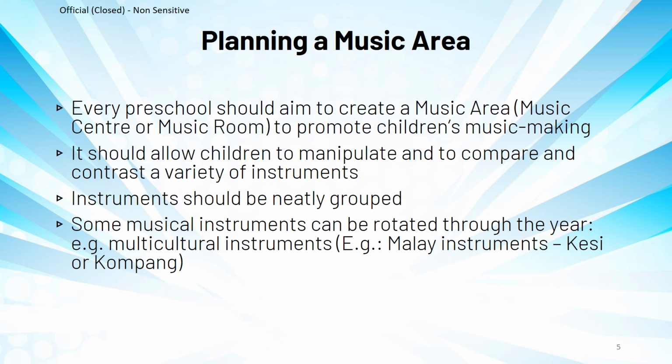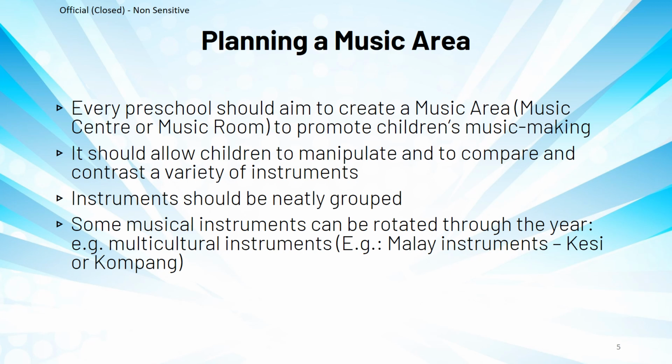So similarly, if you have 5 cabasas, do I want to randomly place them anywhere in my music area, or would I want to neatly keep them in a tray for easy access? And then I have to also label the trays so that children know what this tray is for. Again, the answer is quite obvious, right? And the answer is yes, we will definitely want to put the 5 cabasas in a labeled tray.